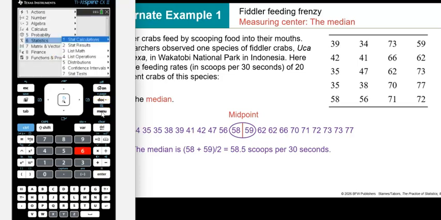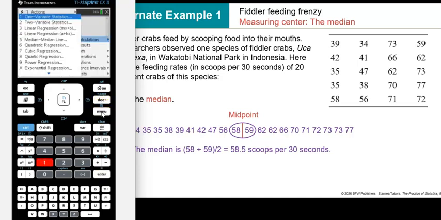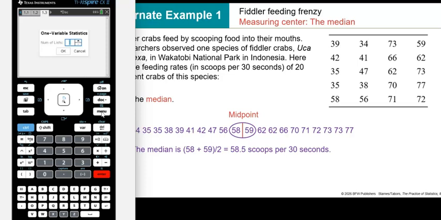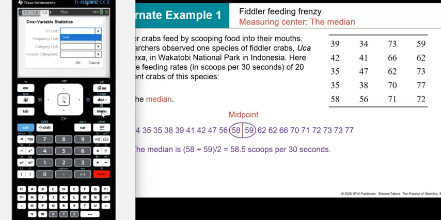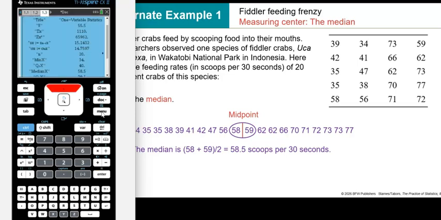Go to menu, then stats, then stat calculations, and the very first one, menu 6 1 1, is one-variable stats. Press enter. The name of the list was crab, and I'll say okay. It gives me a whole bunch of information. You have to scroll up to see the top part. X bar is the mean, which, if I read that right, is 55.5.